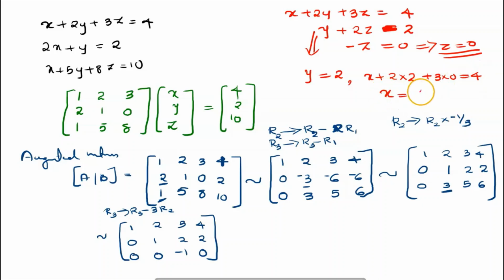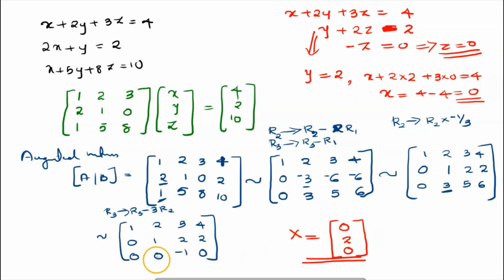So that x is equal to 4 minus 4, 0. So x is 0. My solution, that is my matrix capital X, is 0, 2, 0. This is my solution. You can see that I get only one solution. That means unique solution.